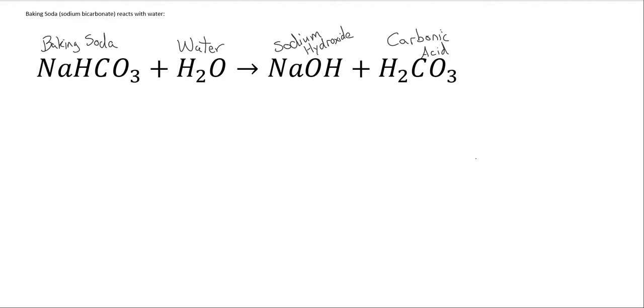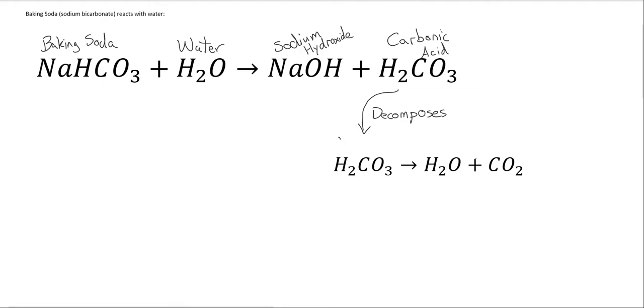Now, carbonic acid does something interesting. Carbonic acid on its own decomposes, so it actually has a second reaction that occurs right away. So our second reaction that occurs right away here is our carbonic acid decomposes into water and carbon dioxide gas.